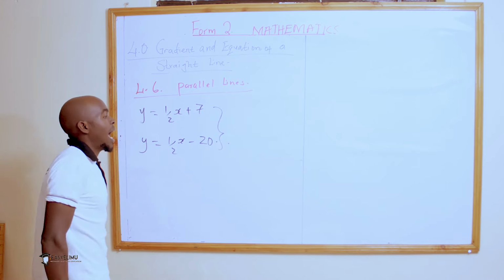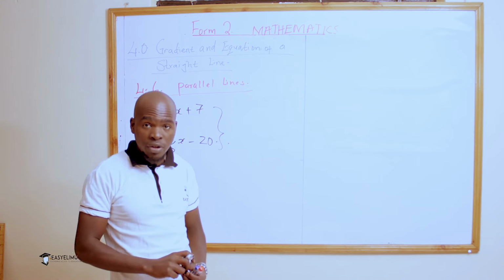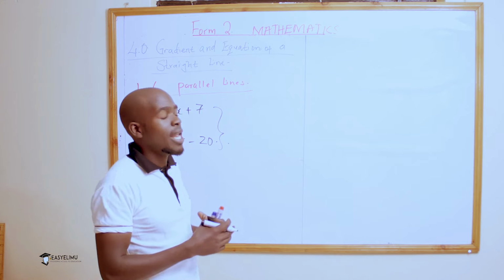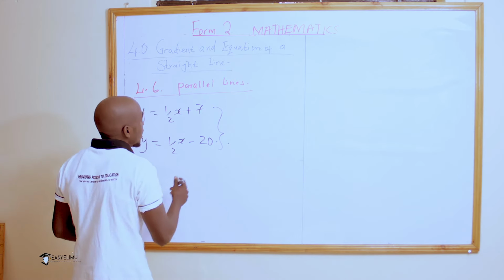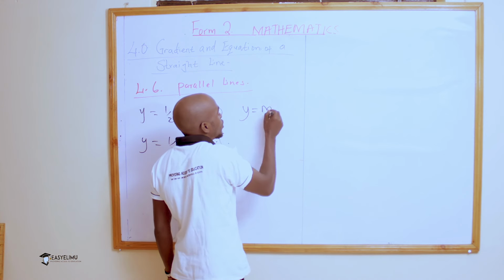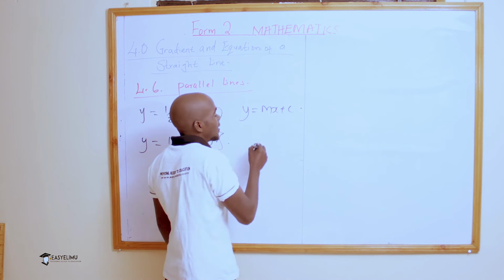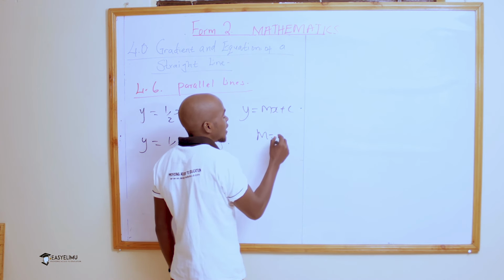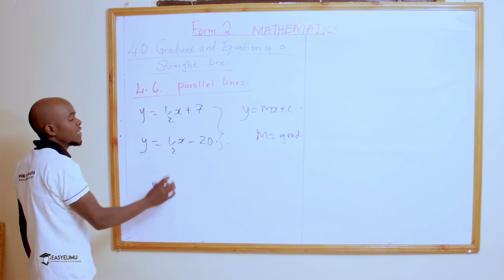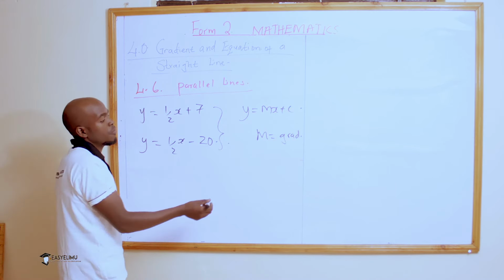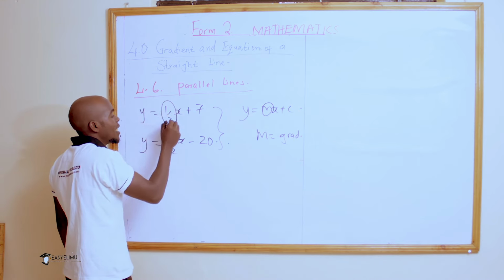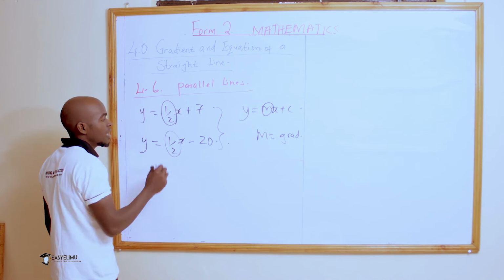If these two lines are drawn on a Cartesian plane, or just by identifying without drawing, you will find that considering the linear equation y equals mx plus c, we did say that m is representing the gradient. For this case, our gradient will be the coefficient of x and is always m. So here the gradient is a half and here is a half.